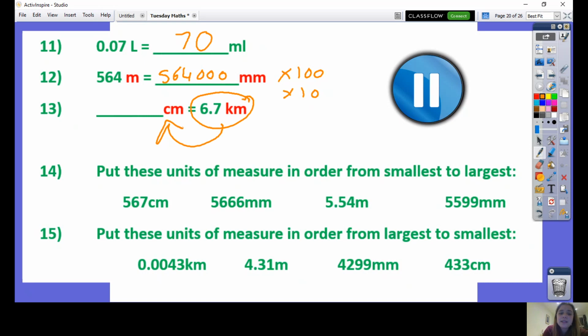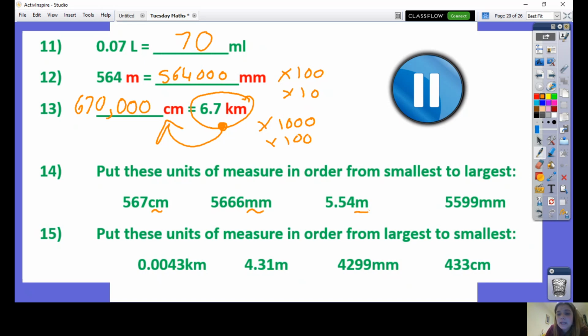I hope you didn't make the same mistake I just did. We're starting on kilometers. To get to meters, I'd times by 1,000, then to get to centimeters, times by 100. So in total, I'm timesing that by 100,000. That would give me 670,000 centimeters.